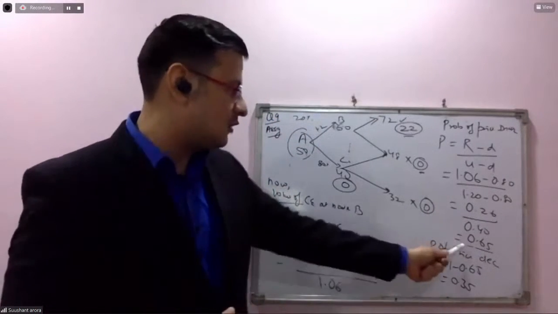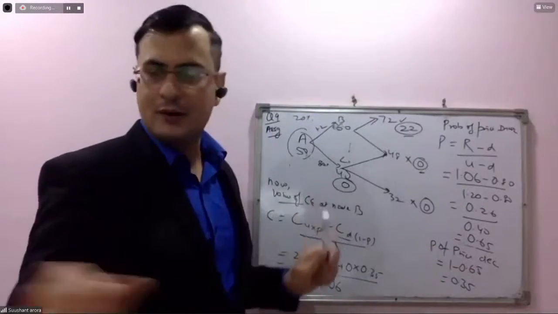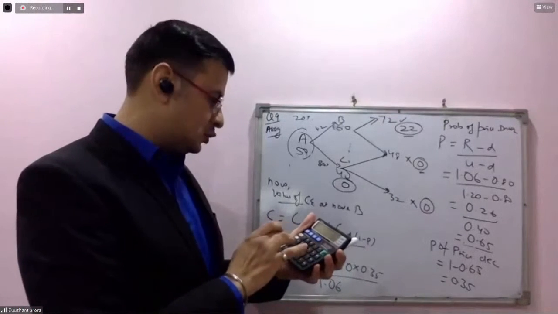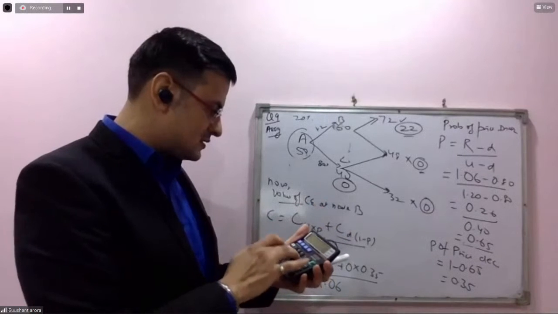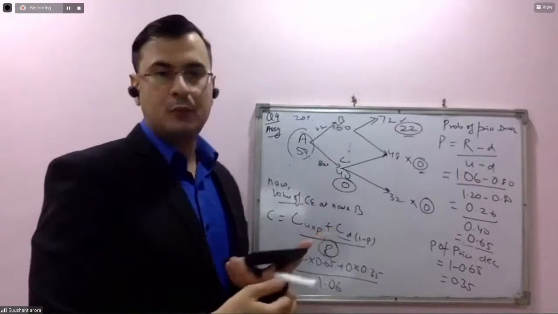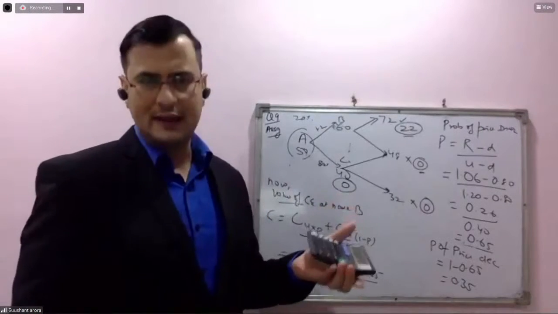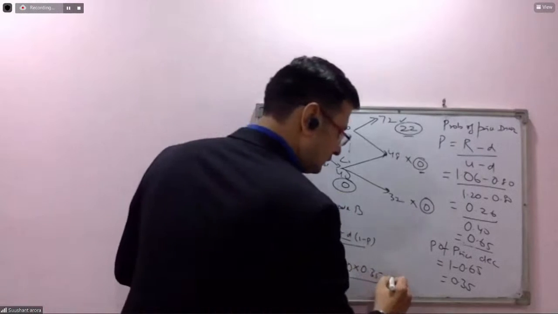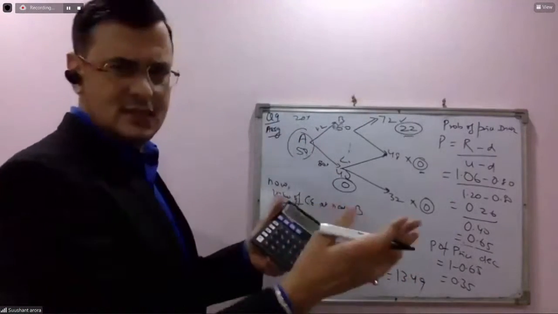22 into probability of 0.65 plus 0 into 0.35, divided by 1.06. Clear? So 0.65 into 22, the other one will be 0, divided by 1.06. So it will be 13.50 or 49 you can write. $13.490 something is there.